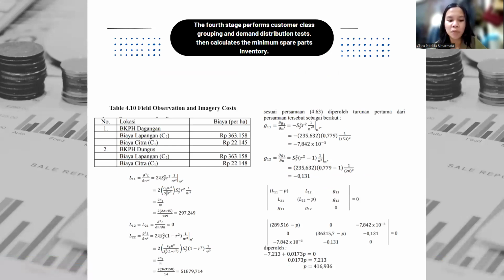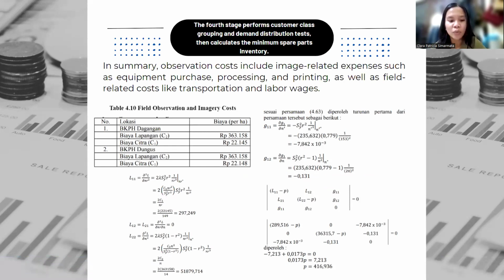the fourth stage, perform customer class grouping and demand distribution test, then calculate the minimum spare parts inventory. In summary, observation costs include image-related expenses such as equipment, purchase, processing, and printing, as well as file-related costs like transportation and labor wages.